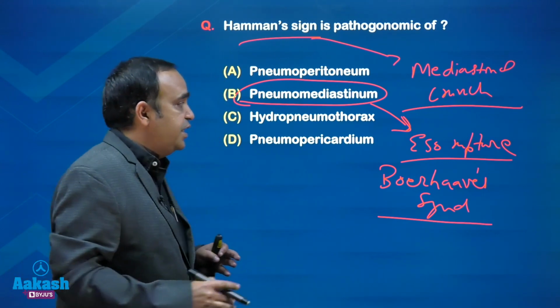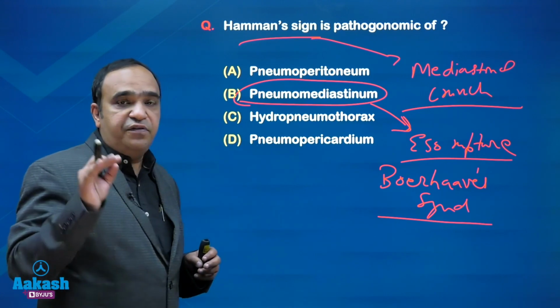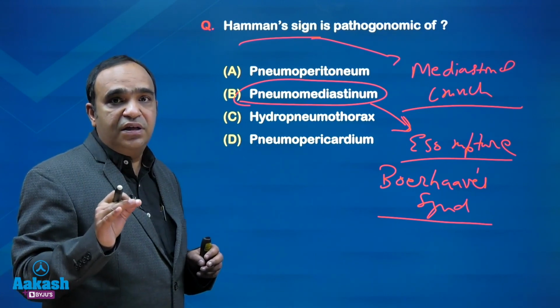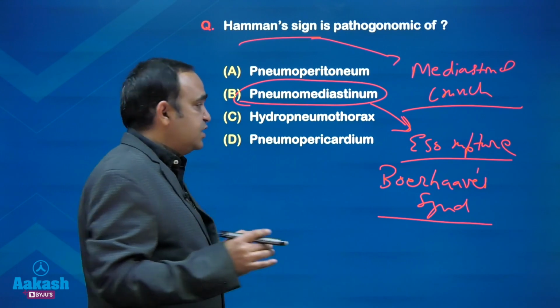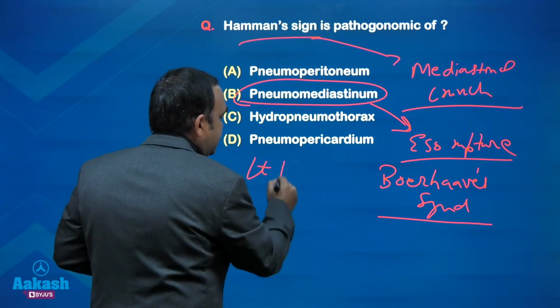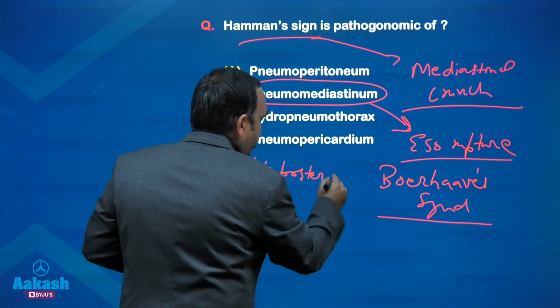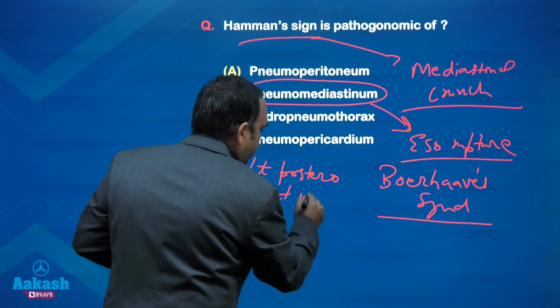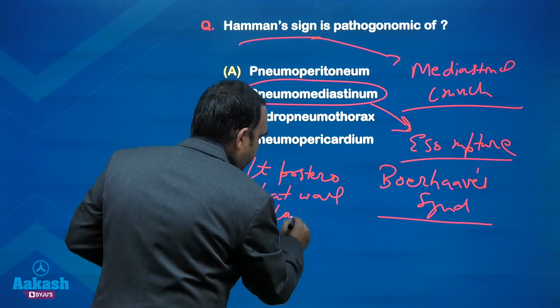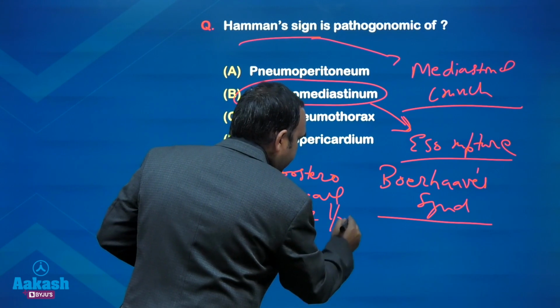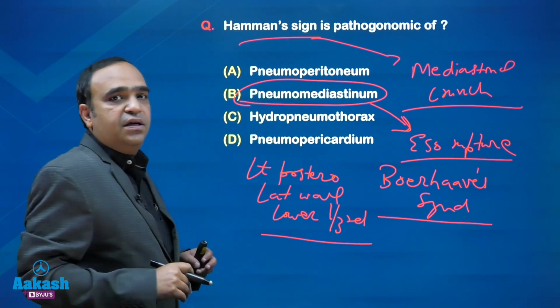So the next related question, the point of rupture, that's the lower 1/3 above the gastroesophageal junction, and precisely it's the left posterolateral wall in the lower 1/3 of the esophagus.